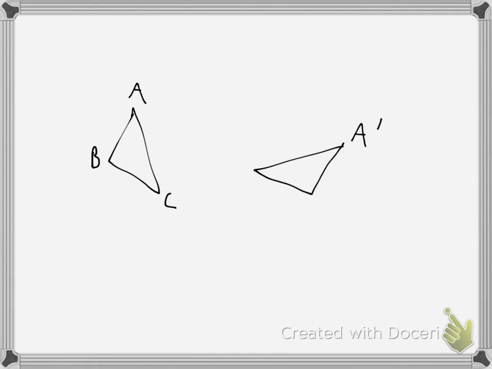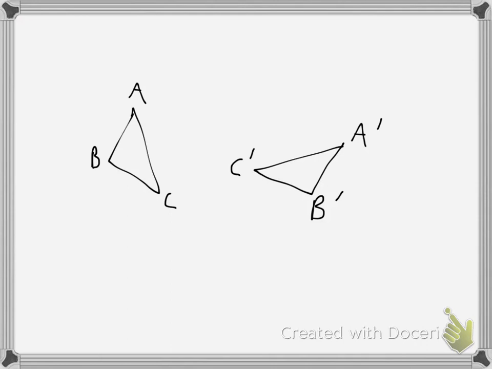If I had a diagram right here that had the letters A, B, and C, and then another one over here that had A prime, B prime, and then C prime, just looking at that, you should be able to determine where did it start from and where did it end at. So which is the preimage here?